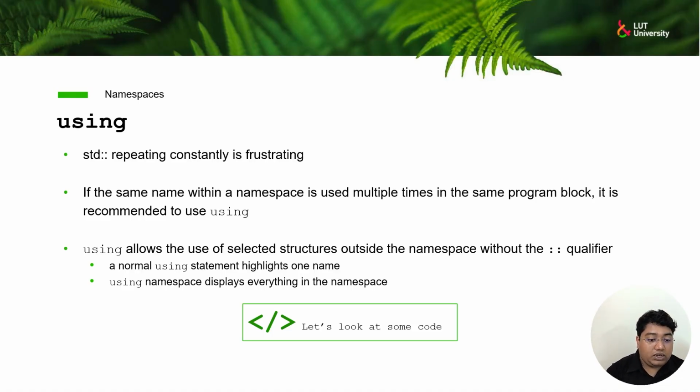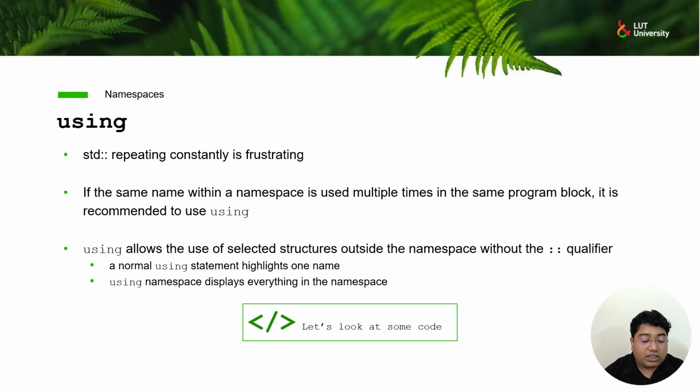If you are going to reuse a name from some namespace over and over again in the same block of code, this using clause lets you drop the double colon qualifier, and it lets you use the namespace without mentioning the name again and again. There are two flavors here.